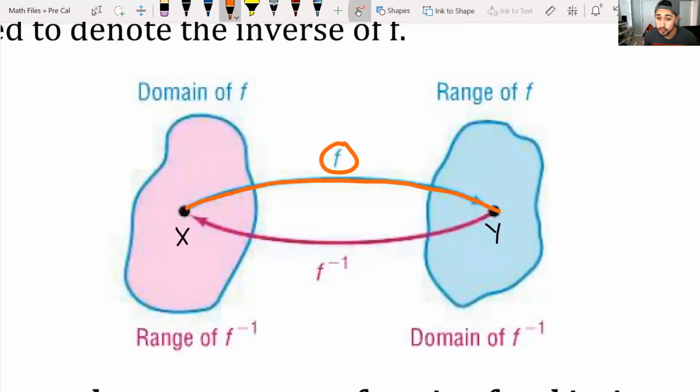But then, since this is one-to-one, if I want to get back from y and go back to x, we use the inverse function. And the way to know if you have true inverses is that no matter how you compose them, you should always arrive back at x. So you can test inverses by composing them. And if you arrive back at x, then they are true inverses of each other.